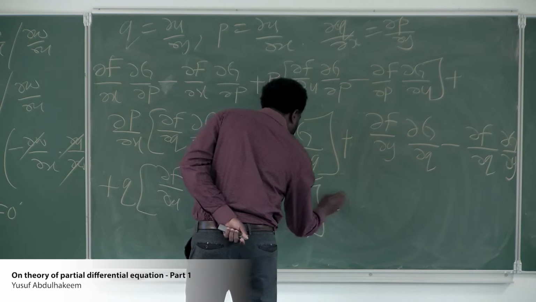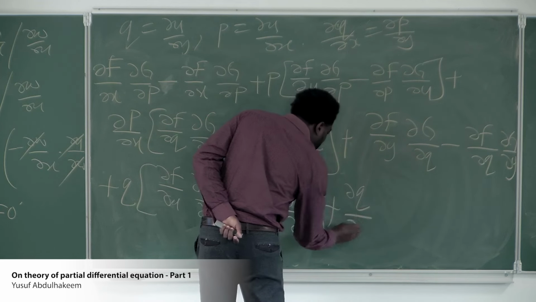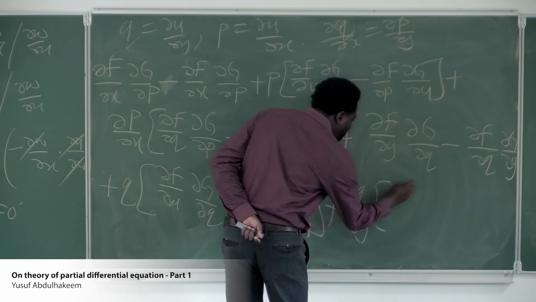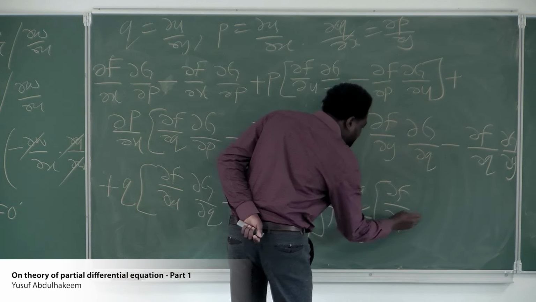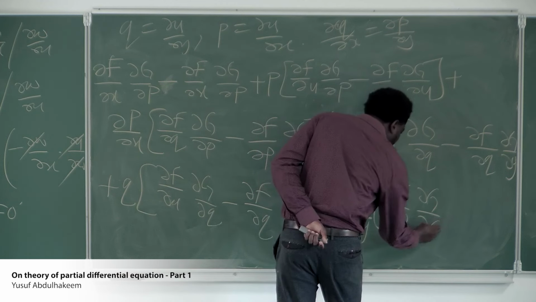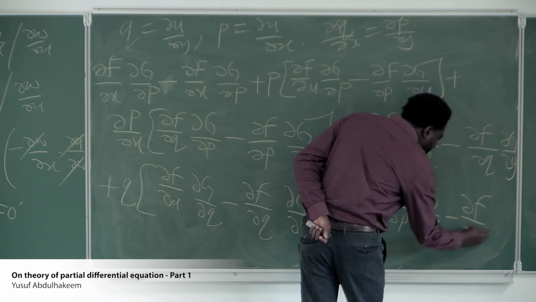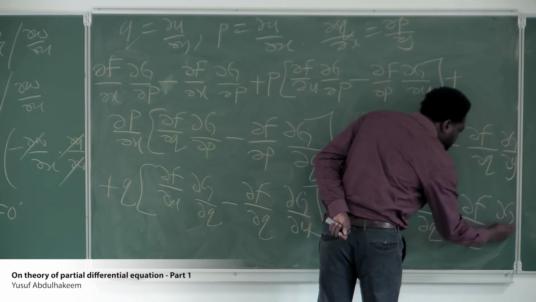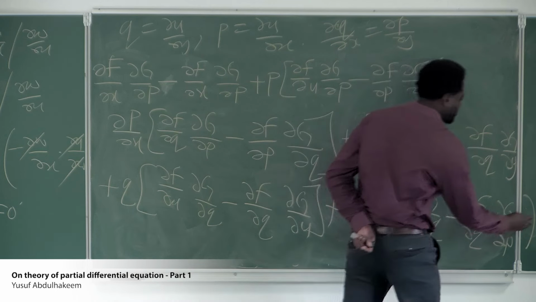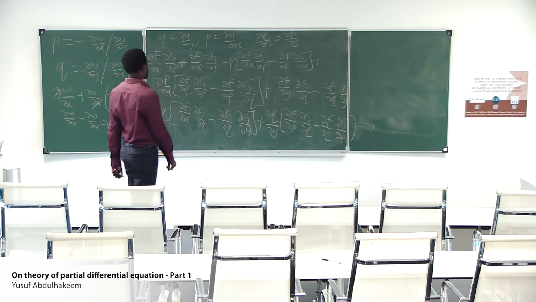We close this, plus dq dy in the bracket of df dp dg dq minus df dq dg dp. Close this and we say everything here is equal to 0. So this is what we have.